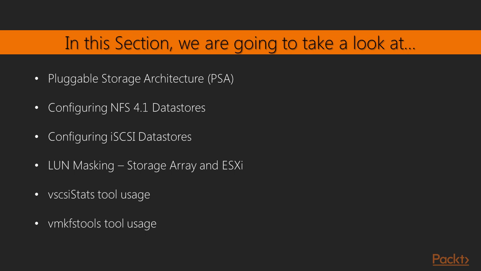One is the vSCSI stats tool, and the other is the VMKFS tools. Both tools are relatively unknown nowadays because storage arrays have become very sophisticated, and in some cases it doesn't really make sense to do it like this.